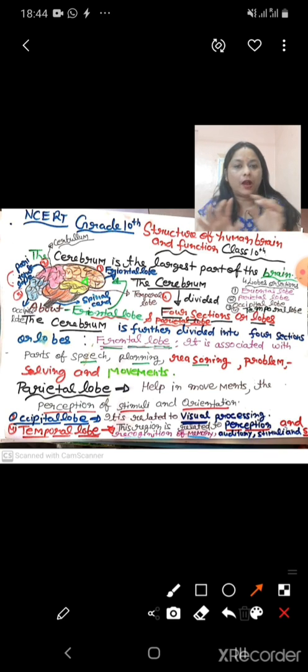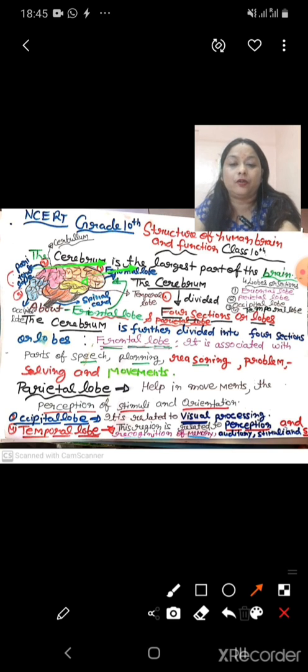Firstly, we will learn about the cerebrum with a little discussion, and in the next video we will cover it in more detail. The cerebrum consists of the cerebral cortex and subcortical structures. It is further divided into four lobes, or four sections. This is a simple diagram you can see on your screen.